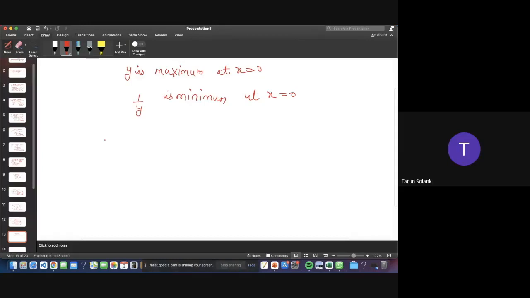So the minimum value of the function is equal to 40 by 60, which is 2 by 3. Okay. 2 by 3.